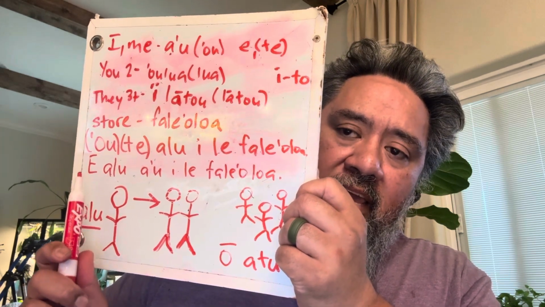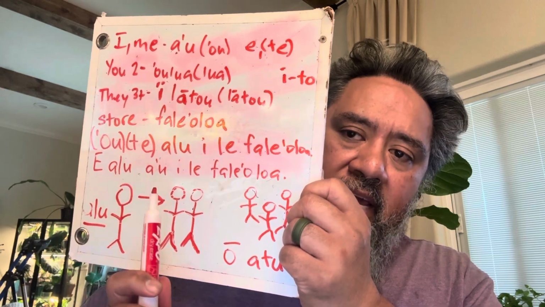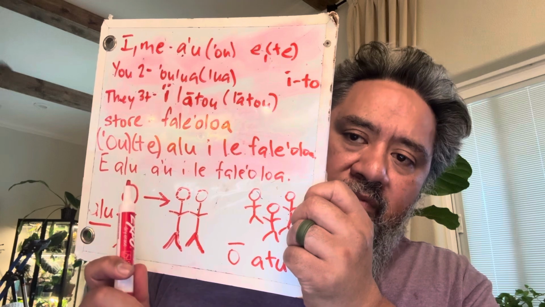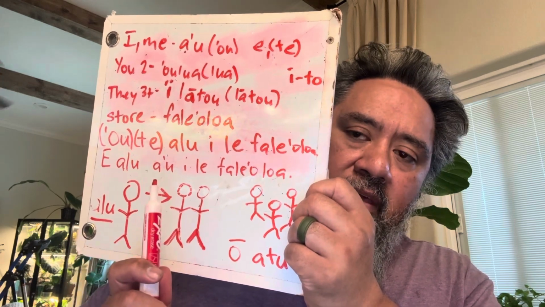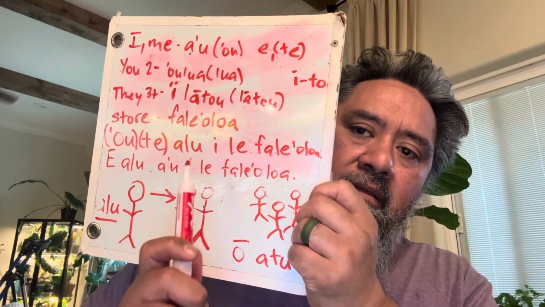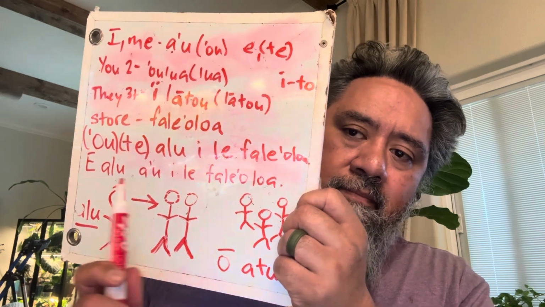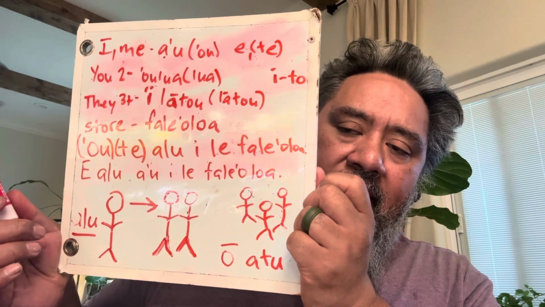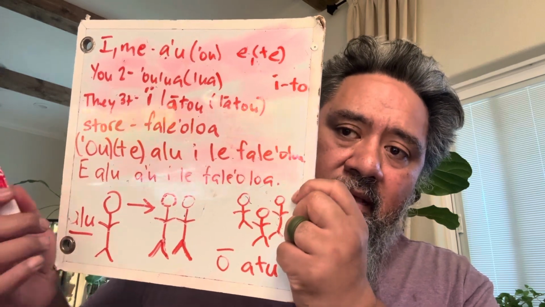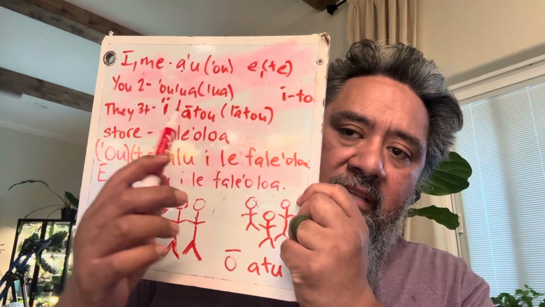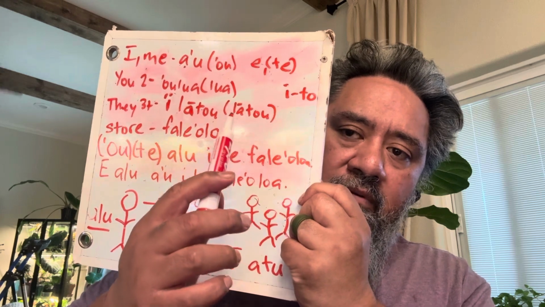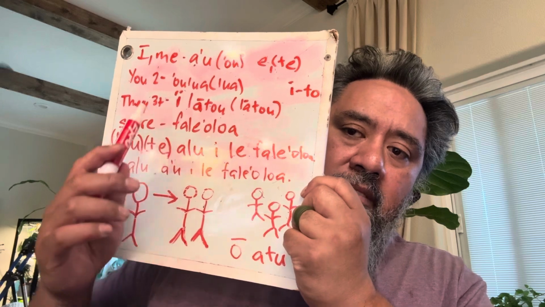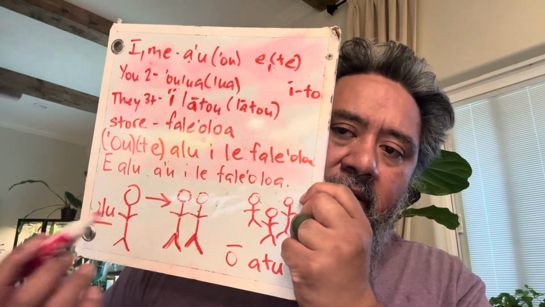So again, you have the e, the tense marker, then the verb, and then you have the subject, right? And then they're going to the object. So that's the simple way to use the pronouns, and that's the difference between these long forms and these short forms. The biggest difference is to know that the long form comes after the verb, right?